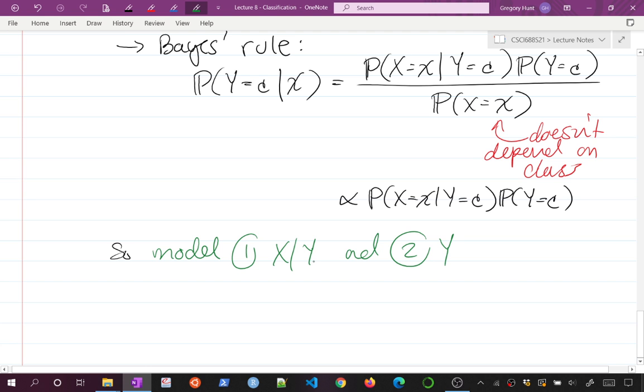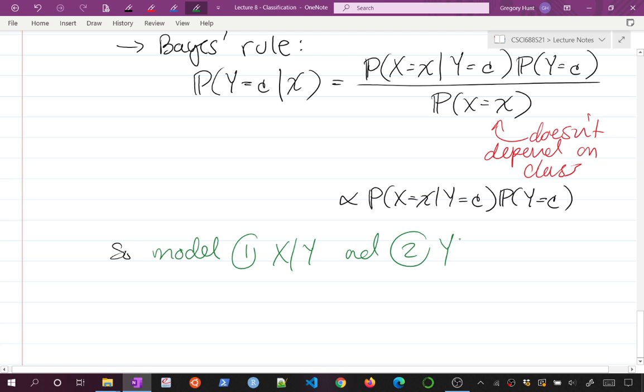Y is coming from some distribution, so I'll model that. And given my y, so given I'm in class 1, maybe my x's arise this way. Given I'm in class 2, my x's might arise this way. And so what I'm doing is modeling how the x's arrive given the y. Typically this is how you do it when you want to generate data from some classification problem.